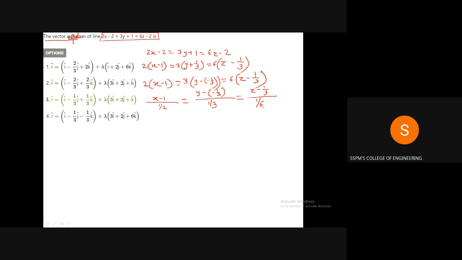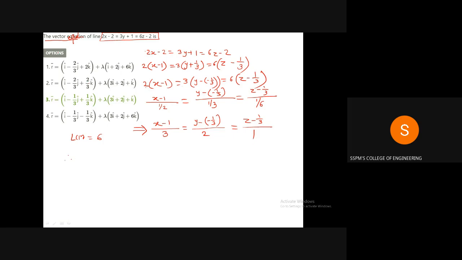The denominators are 1 by 2, 1 by 3 and 1 by 6, so their LCM is 6. If we multiply the whole equation by 6, we have x minus 1 divided by 3 is equal to y plus 1 by 3 divided by 2 is equal to z minus 1 by 3 divided by 1. 1 by 6 into 6 is 1. So therefore we can write that.